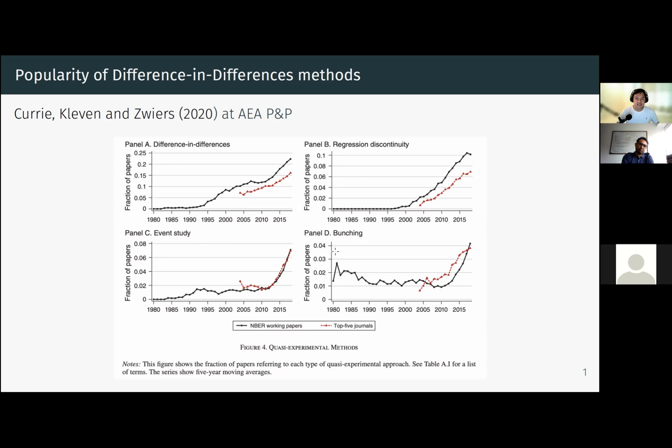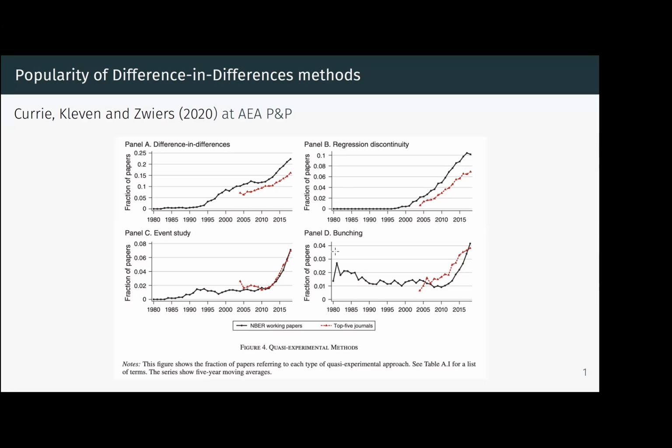They searched for how often different phrases appear. This panel is figure 4 of their paper: the frequency of difference-in-differences in panel A, regression discontinuity in panel B, event study in panel C, and bunching in panel D.